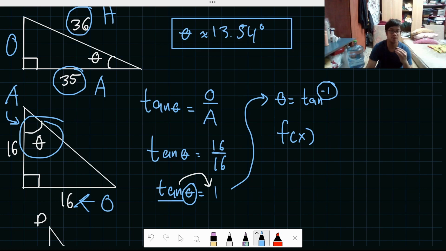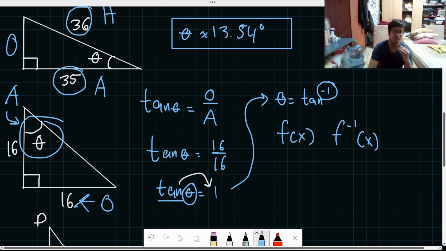But if you're going to represent the inverse of this function, we will have f, then a negative 1 here, then x. The way we pronounce or describe this is f inverse of x. So this one is not a negative 1, but it looks like it.